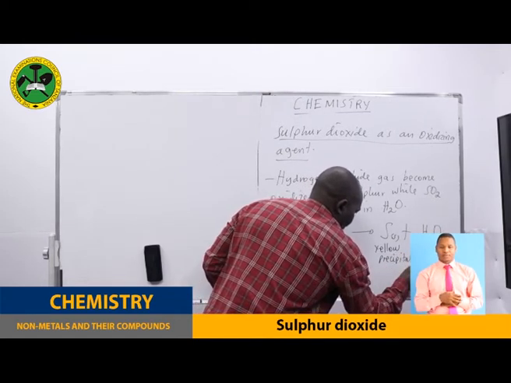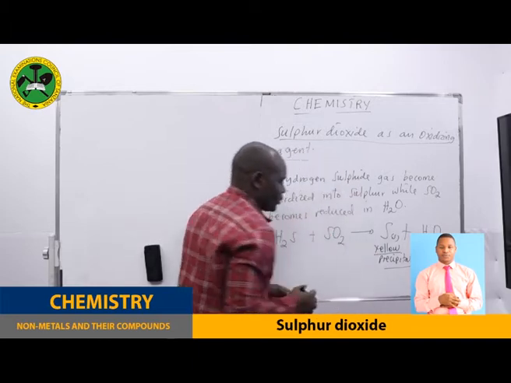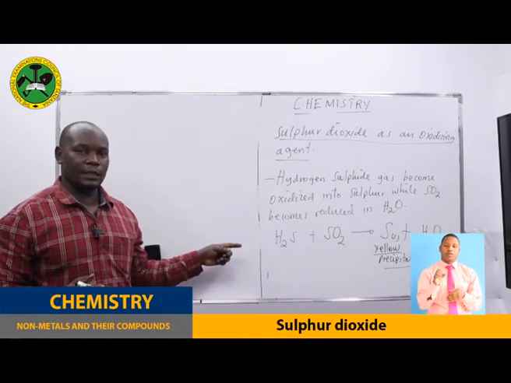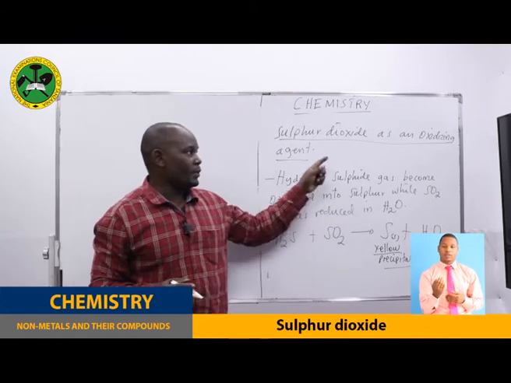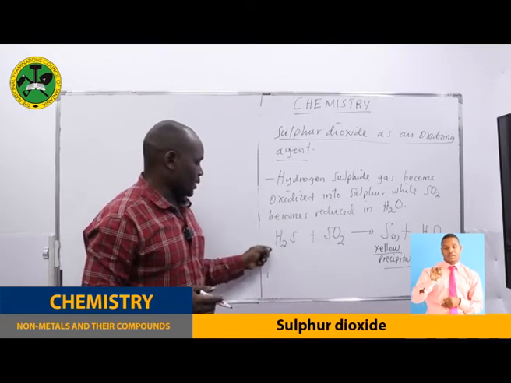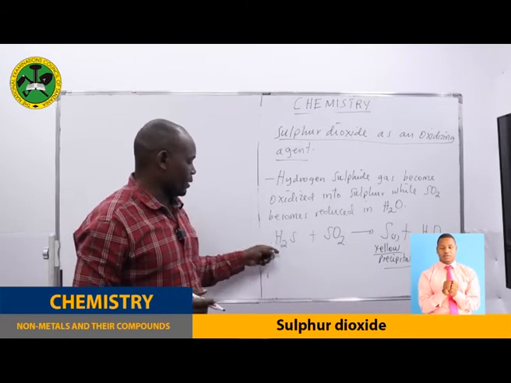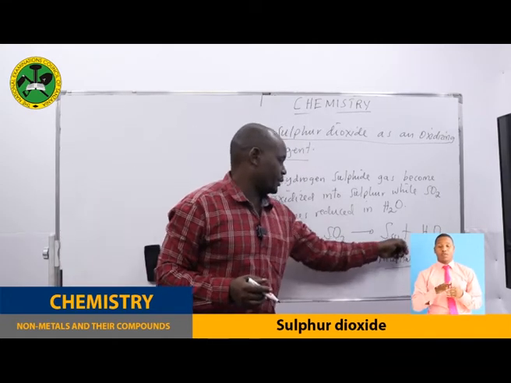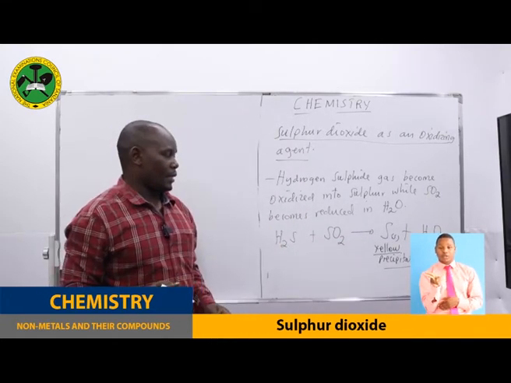So that is how sulfur dioxide can act as an oxidizing agent. It oxidizes hydrogen sulfide by removing hydrogen to give sulfur, which is yellow in color.